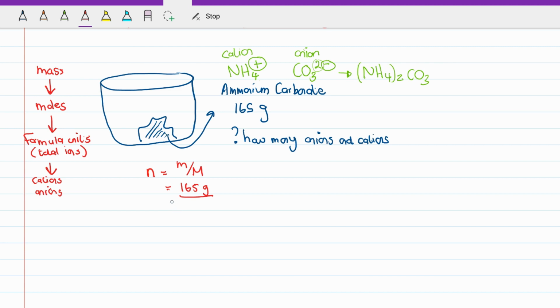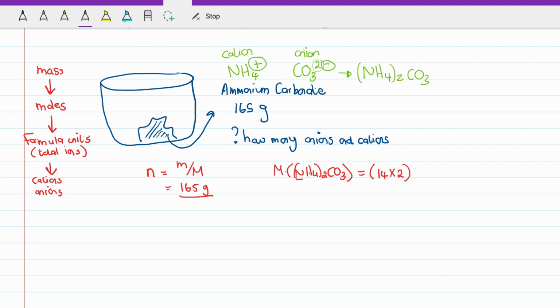You can either do it here or separately. I'm going to do it separately for this one, just so that you can see clearly where I got my numbers from. Remember that these numbers you get from the periodic table. Nitrogen has a molar mass of 14 and there's 2 of them.